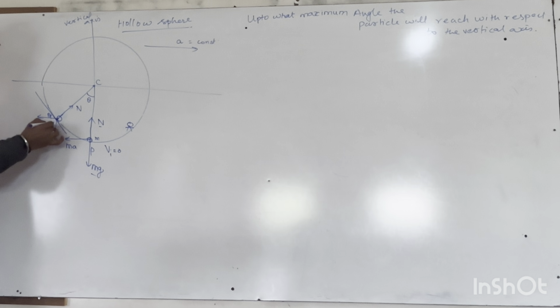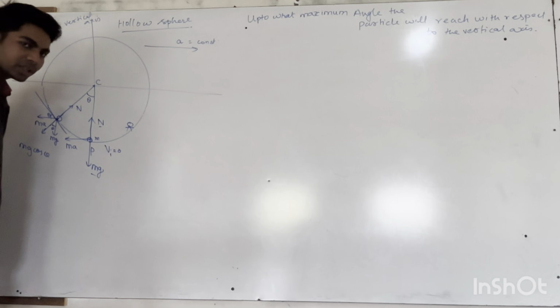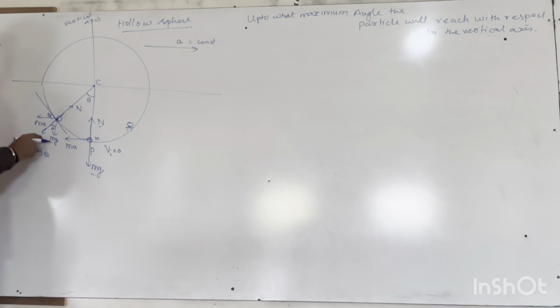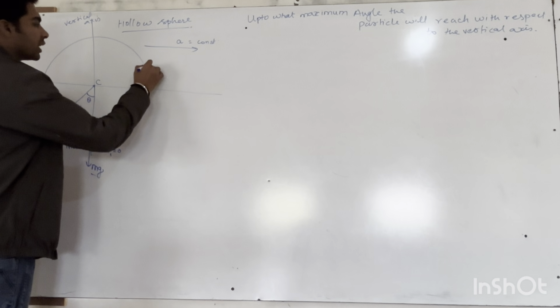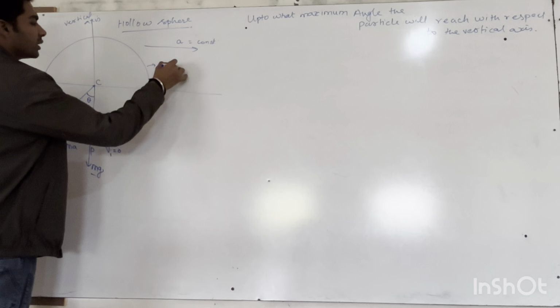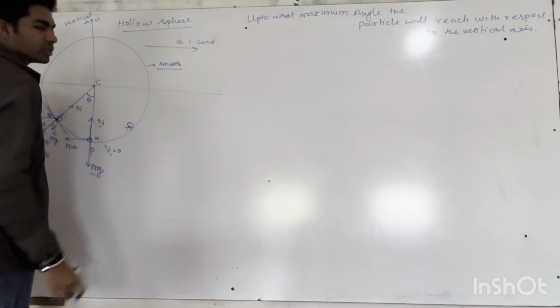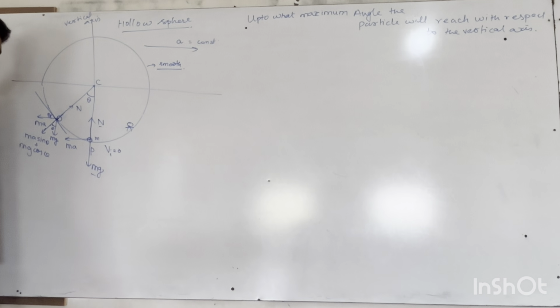Okay, we can see one component of mg in this direction can be written as mg cos theta, and one component of ma in this direction can be written as ma sin theta. So ma sin theta plus mg cos theta. I forgot to mention that this hollow sphere has a smooth surface, so there is no friction.